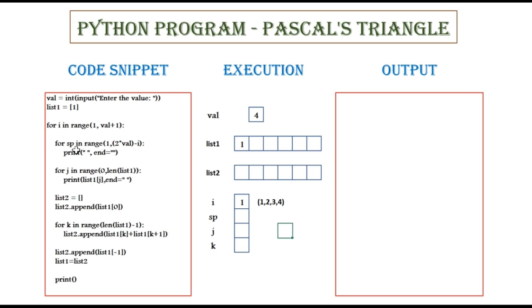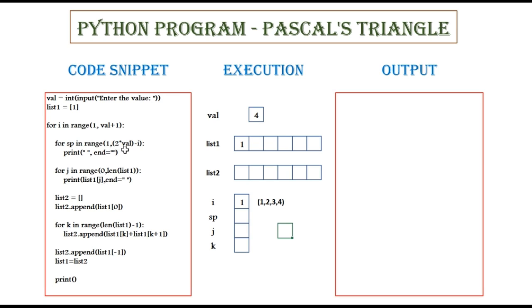For sp in range of 1, 2 into val minus i. The reason for this for loop is that we are going to print the values in a triangular format along with spaces. So we need to introduce spaces before the triangle and also in between the numbers present in the triangle. So for that, I'm using this for loop. So it is going to be for sp in range of 1, 2 into val minus i.